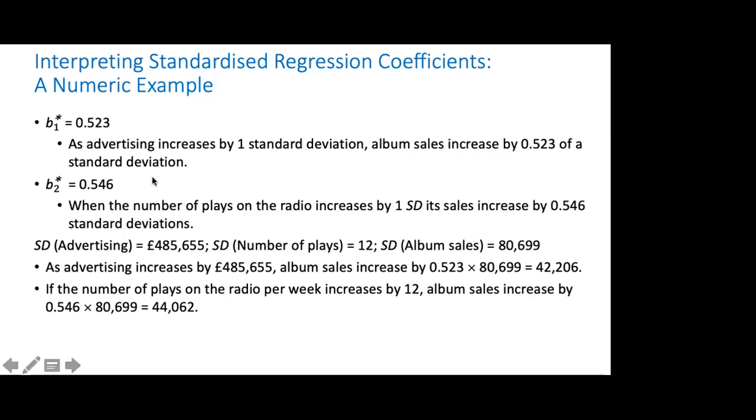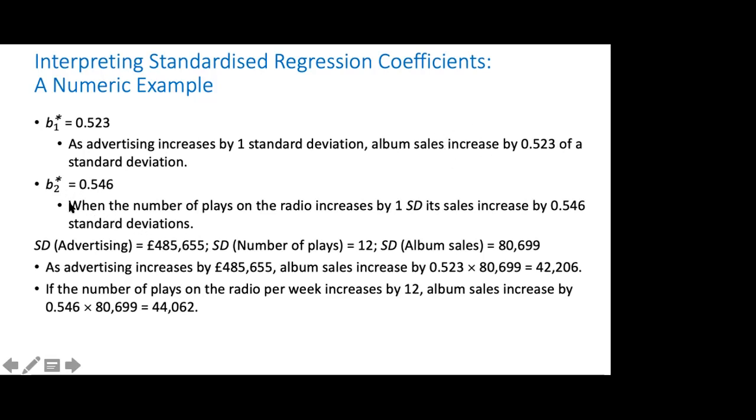Anyway, the idea is that if you increase your advertisements by 1 standard deviation, whatever that may be, then the album sales increase by 0.523 of a standard deviation, right? That's 1 standard deviation of advertisement, 1 standard deviation of sales.